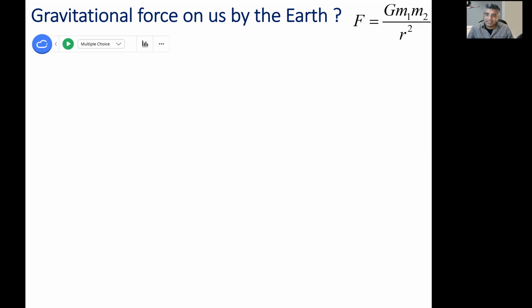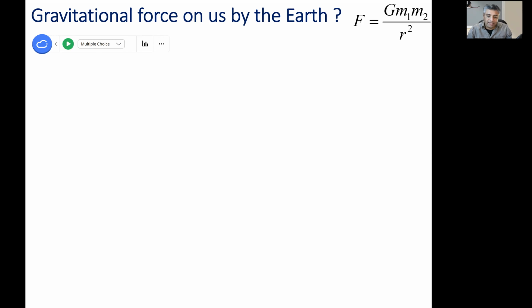The force that keeps these objects in a circular path is the gravitational force. See, there is no string there. It's not sliding over any surface, no normal force. What is the force? It's the gravitational pull between two masses.